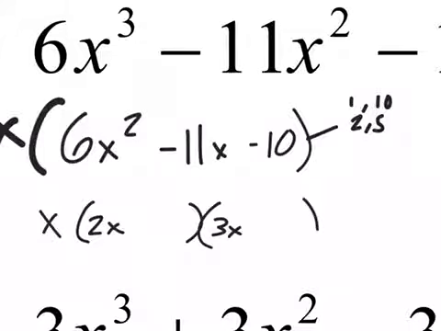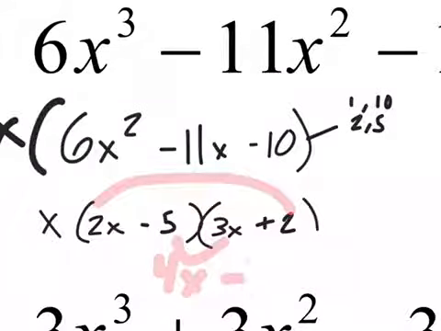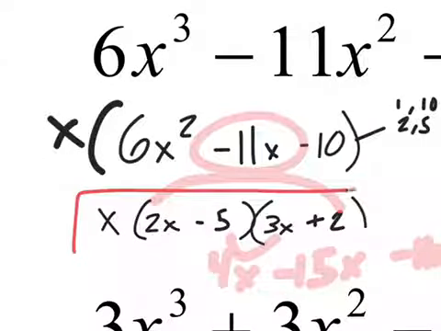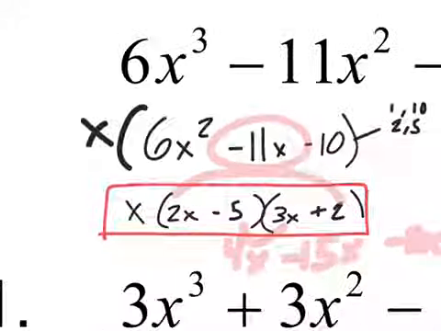So I'm going to look through our various combinations here. All right, after some thought, you'll see here that I need a negative 5 and a positive 2, so that I get 4x minus 15x to reach that value of negative 11x that I was looking for. So I know that this here is my answer.